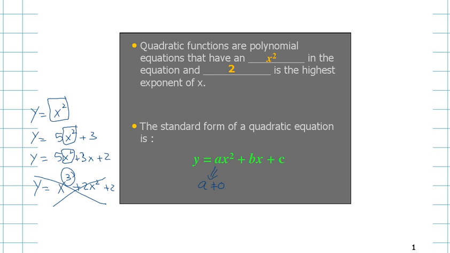If the value of a is 0, then you'll have a linear function, not a quadratic function. Okay? Are we okay with this? All right.